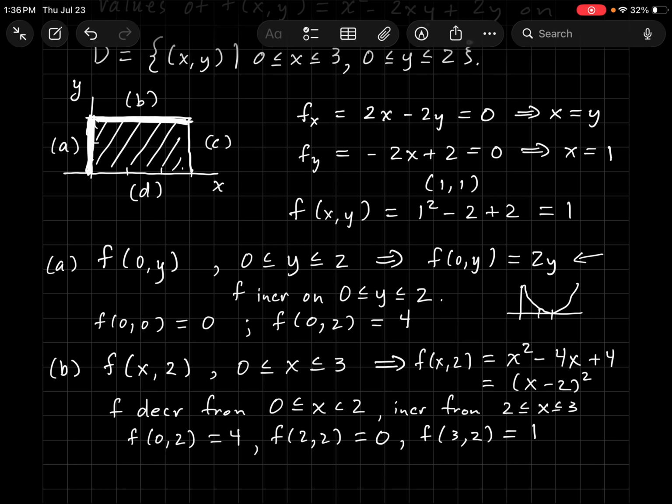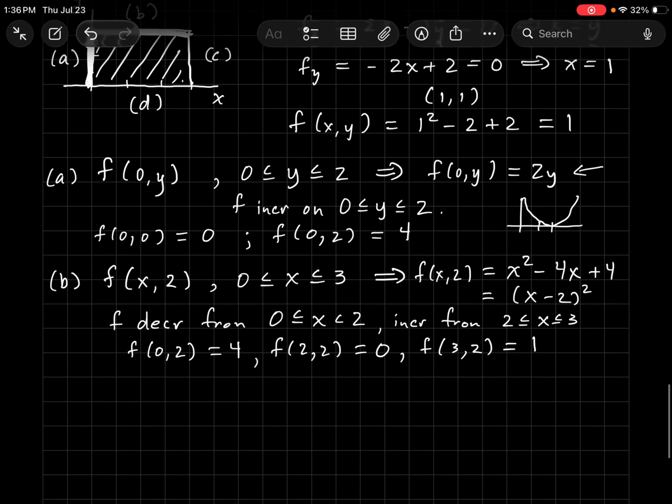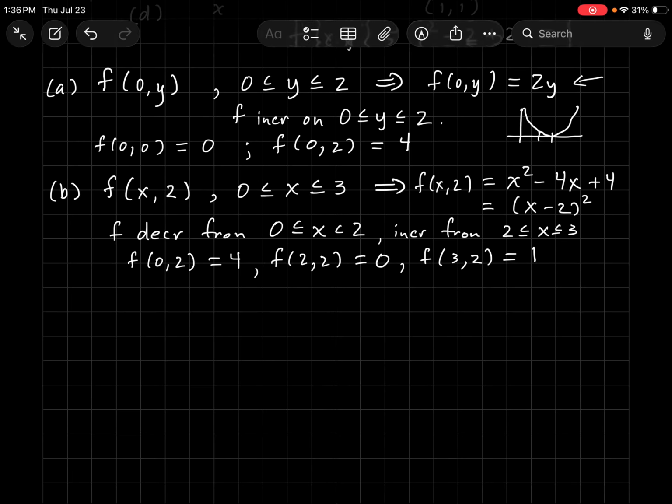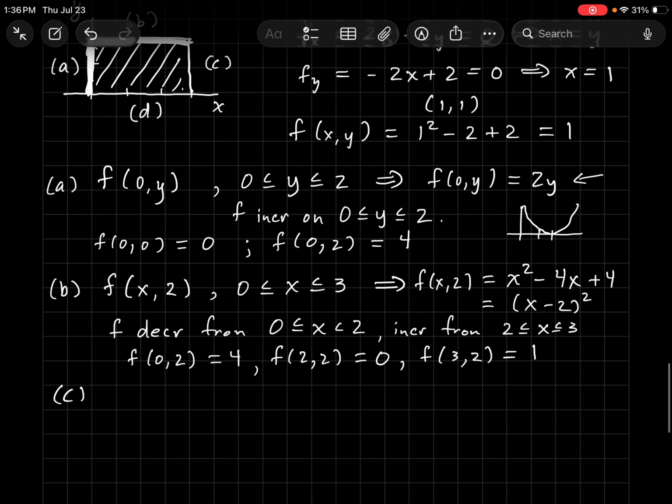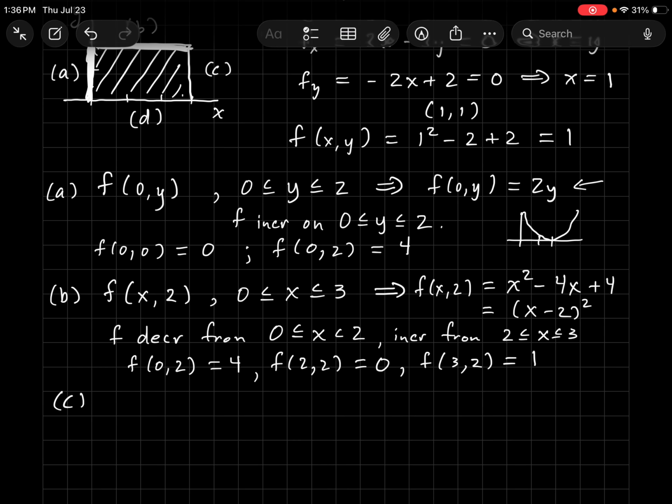All right, we got to do this just a couple more times. So I'm going to rewrite my function down here so we can see it, so we don't have to keep scrolling back. So f of xy equals x squared minus 2xy plus 2y. All right, I guess I'll have to scroll back a little to see my picture. So now we're going to look on this right side.